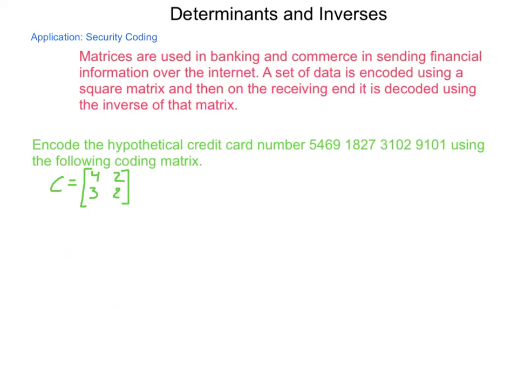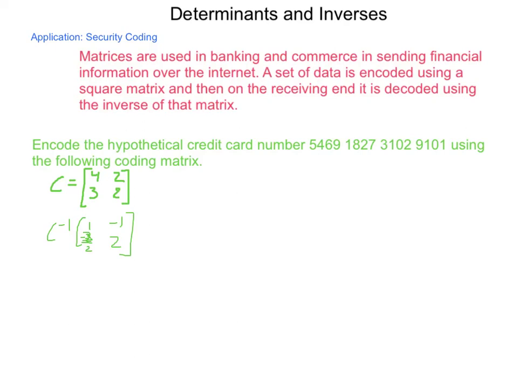So we're going to begin by looking at matrix C, which is the one that we just had, 4, 2, 3, and 2. And recall that the inverse of this matrix, C inverse, was 1, -1, -3 halves, and 2. Now we're going to use this to encode a fictitious credit card number, 5469 1827 3102 9101.